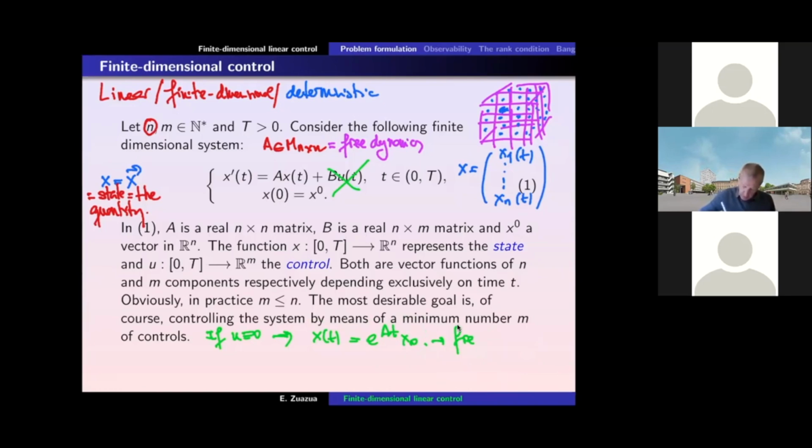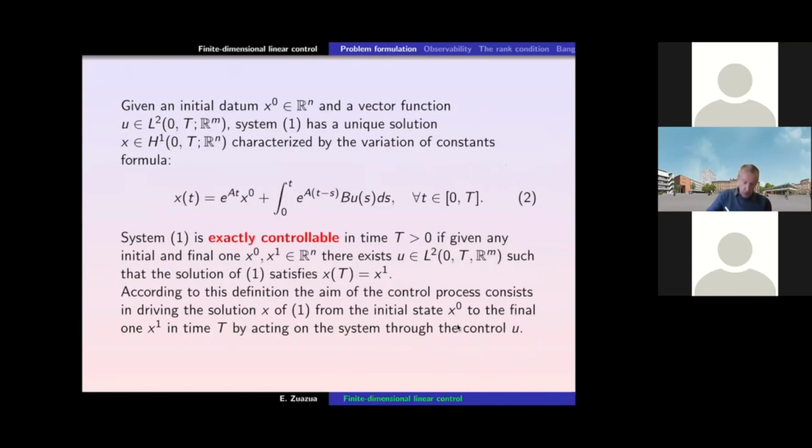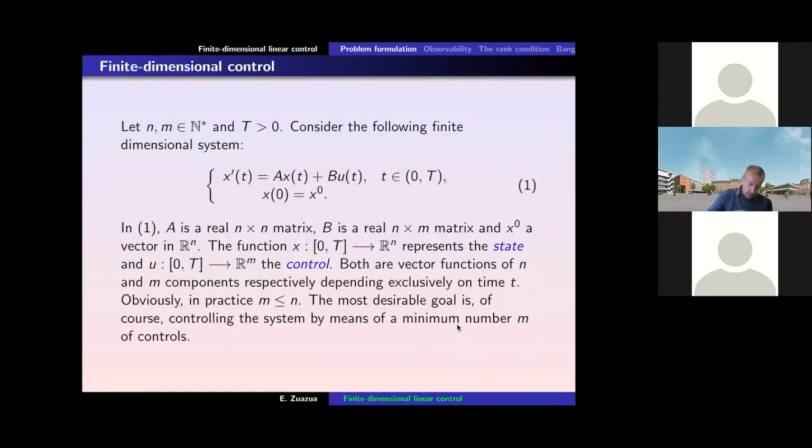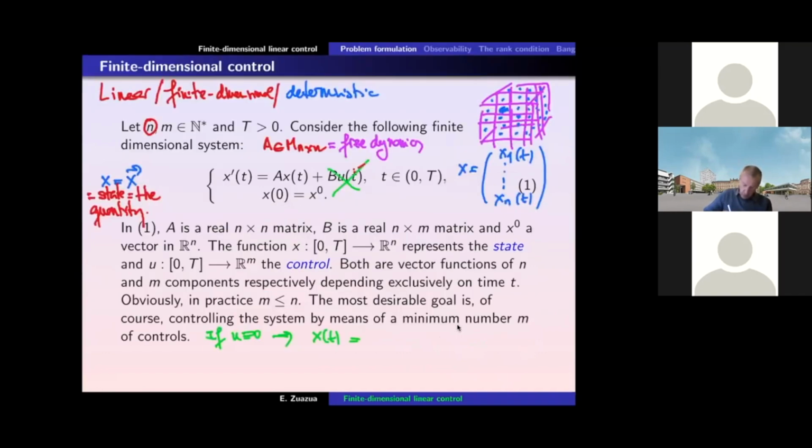The control U will be assumed to be of dimension M. So typically in applications, the control U will be of dimension M.